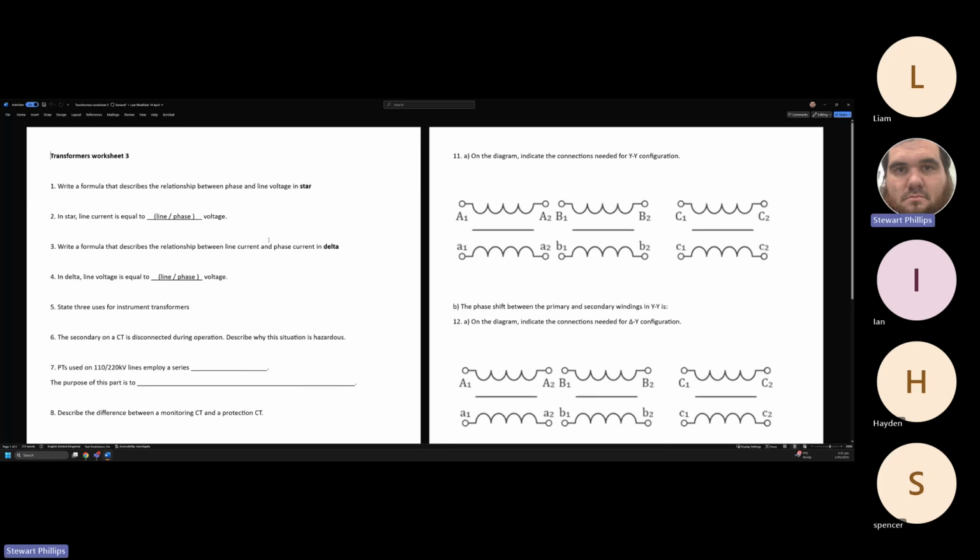So, what formula best describes the relationship between phase and line voltage in star?